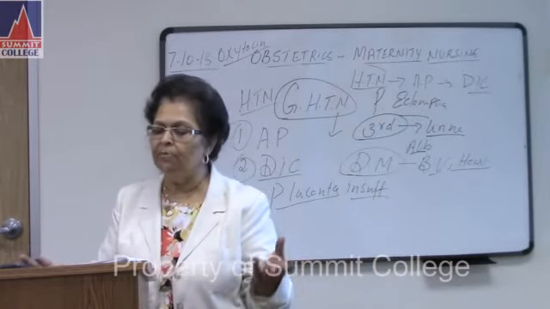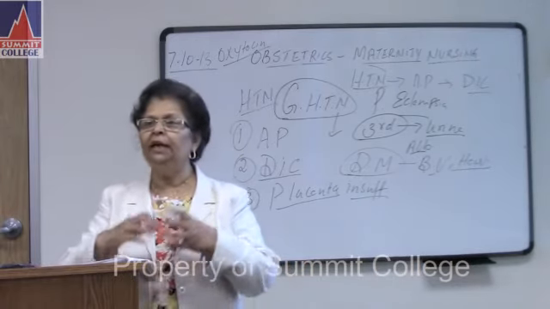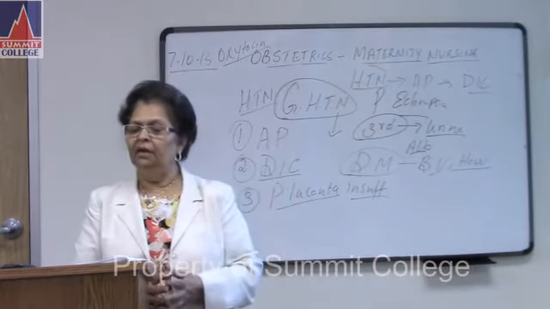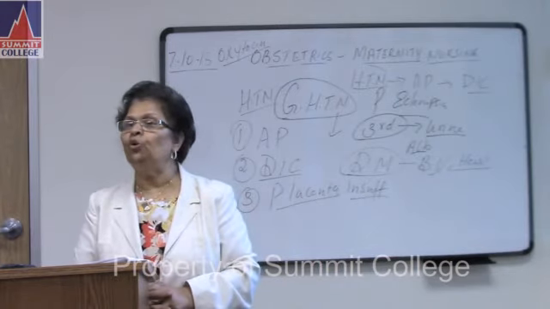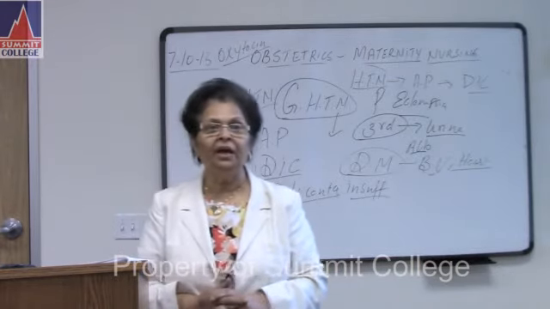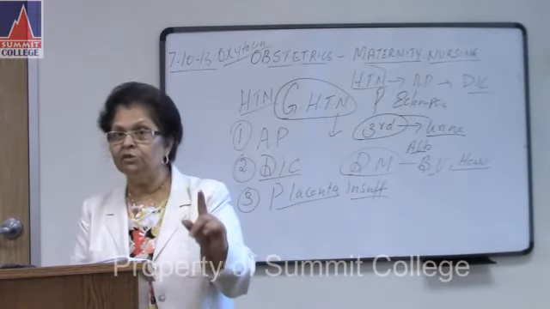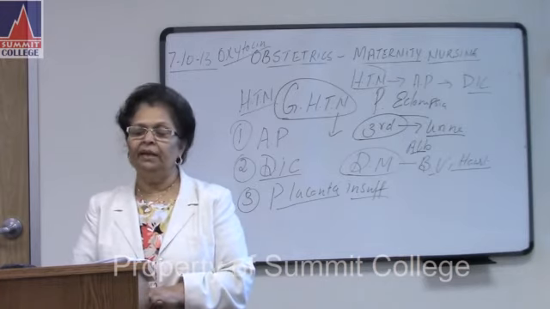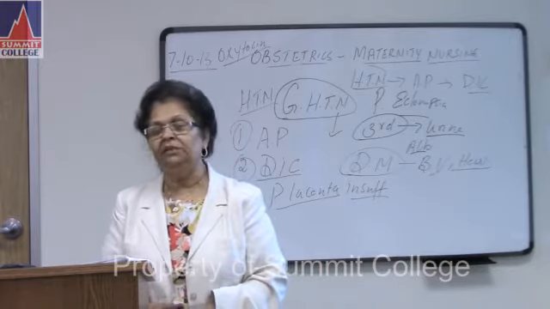H means hemolysis, blood hemolyzed. EL, elevated liver enzyme. And LP means low platelet. What is low here? Platelet count. What is high here? Liver enzyme. So make sure you highlight the words elevated liver enzyme, low platelet. This syndrome can cause an enlarged liver and the mother starts bleeding.